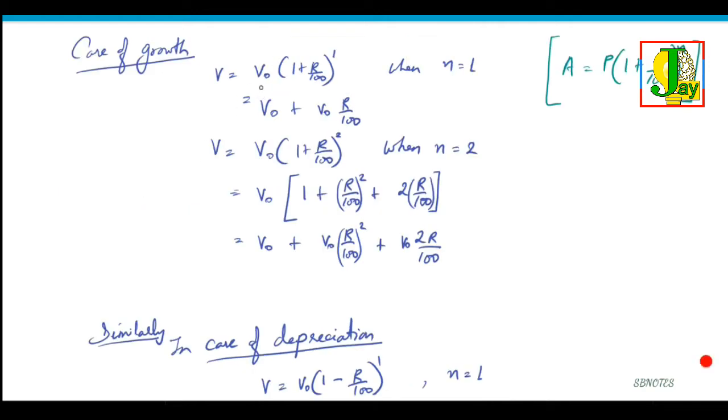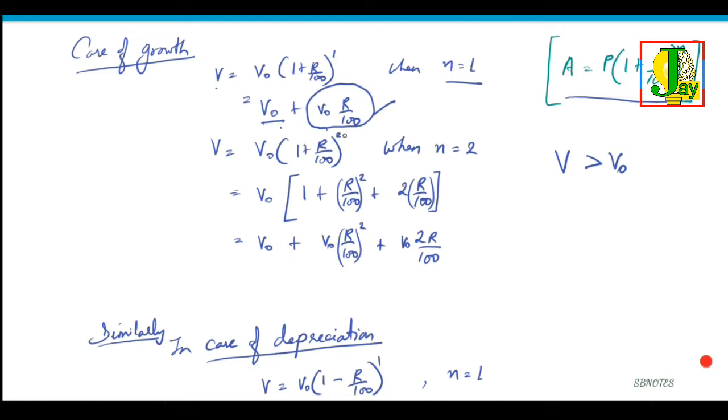In case of growth, we have V equals V0 into (1 plus R by 100) whole power N, when N is 1. This is the same as the formula we have for compound interest, amount equals principal into (1 plus R by 100) whole power N. Here, if you open the bracket, you will get V0, the original amount, plus this value. So you are adding something to the original amount so that you get the final amount, and hence V is greater than V naught.